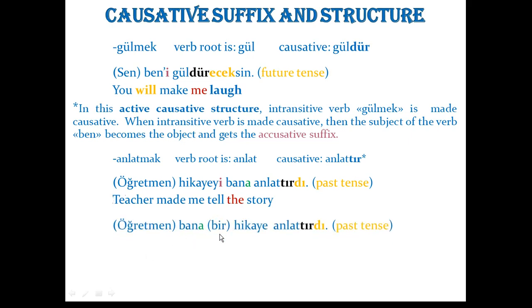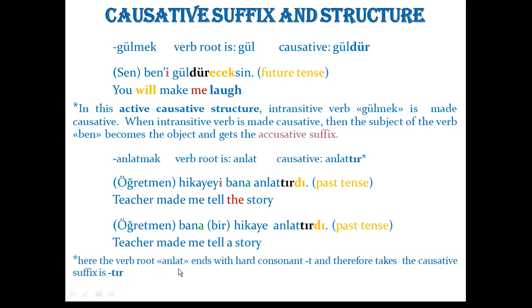Öğretmen bana bir hikaye anlattırdı. Here this time hikaye, story, is not specific. For that reason, the object hikaye doesn't take the accusative suffix. This translates as, different from before, Teacher made me tell a story.